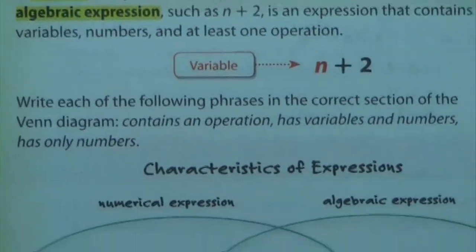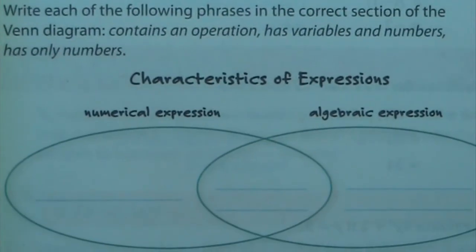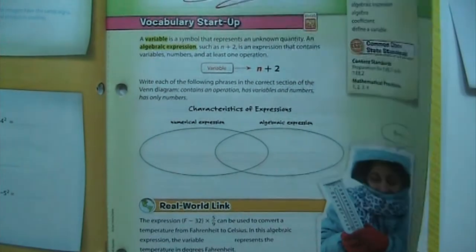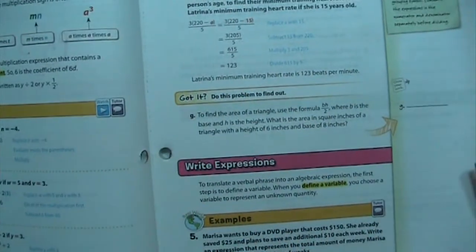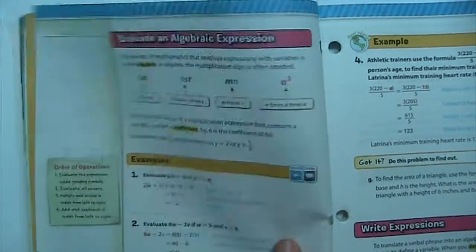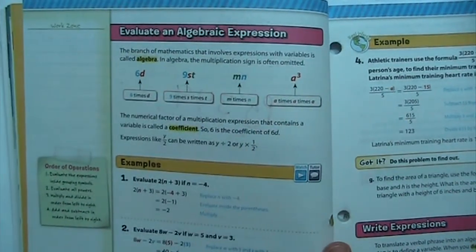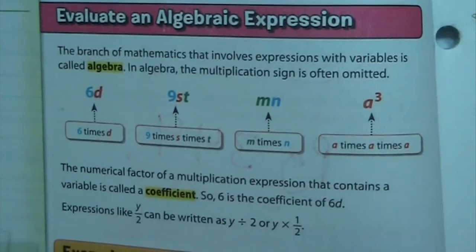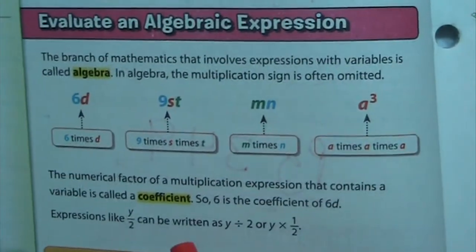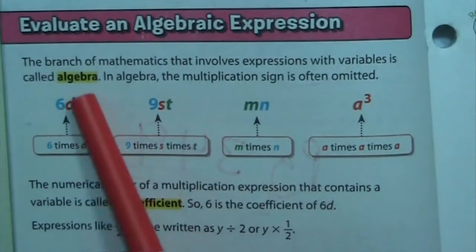Okay, we'll skip the rest of the part. Let's turn the page, please, to page 350. On page 350, they just want to make sure that you're familiar with something.